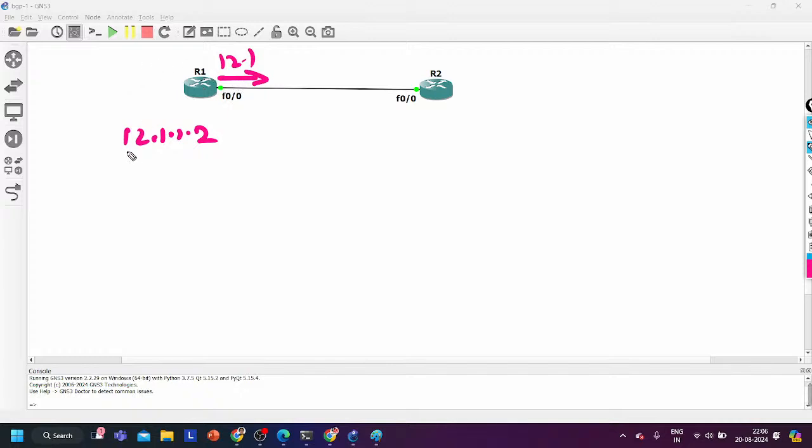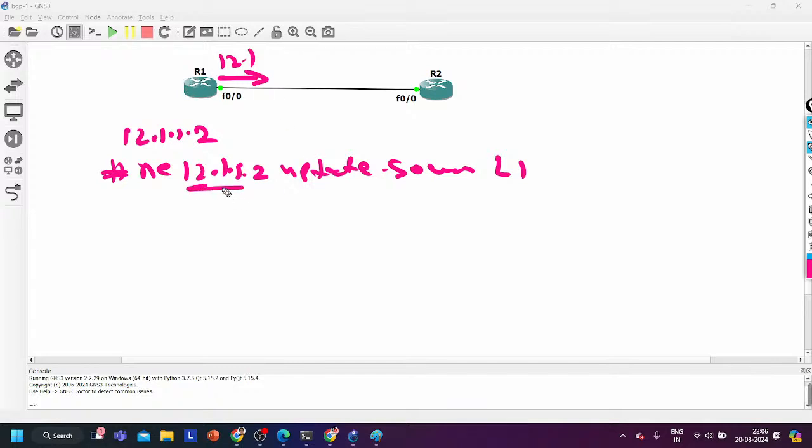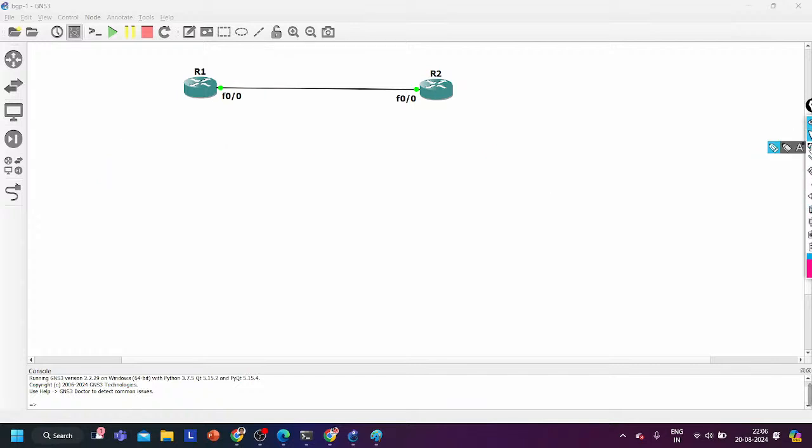But I can tell router 1, do one thing: neighbor 12.1.1.2 update-source loopback 1. Now the router will start sending BGP messages to 12.1.1.2 with the source IP of the loopback 1 interface. We'll never form BGP neighborship through a physical link in real time, guys.